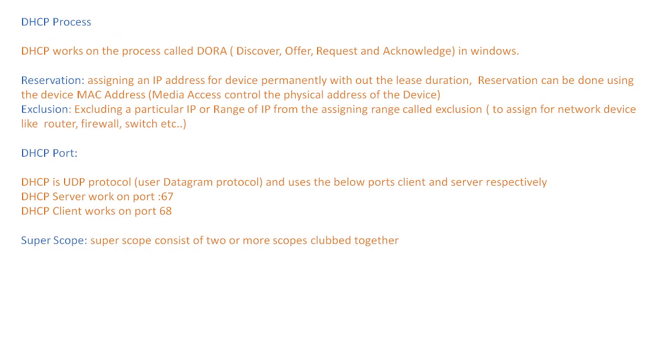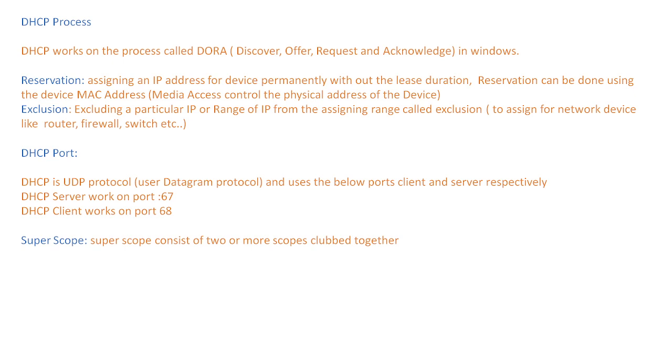Then there are multiple options, such as reservation. Reservation means assigning an IP address to a particular device permanently, meaning there is no lease duration, and it can be reserved for a particular computer for the lifetime of the computer. To do the reservation you need the MAC address, or physical address, of the computer.